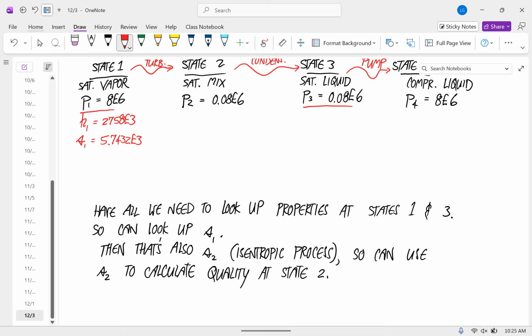Since we know that state 1 and state 2 have the same entropy, we also know that S2 is equal to 5.7432 times 10 to the third.